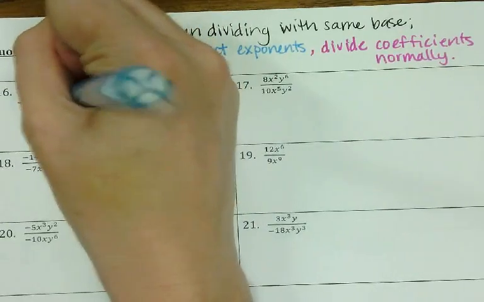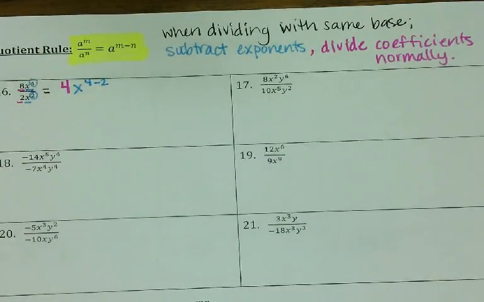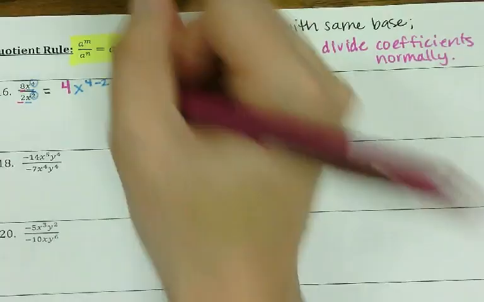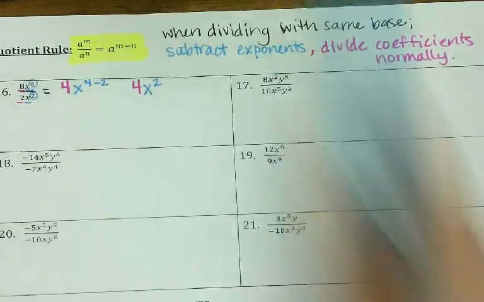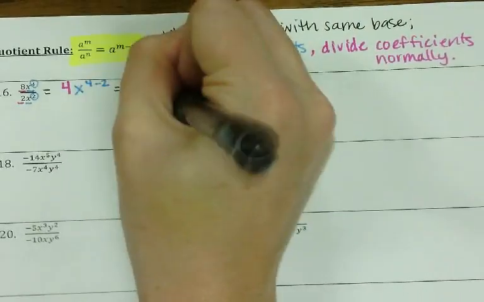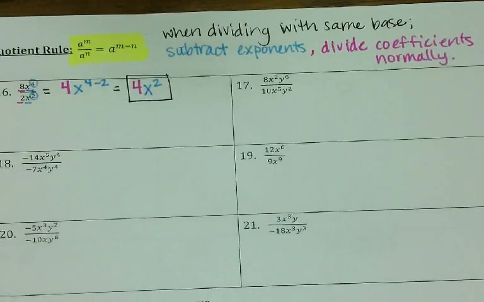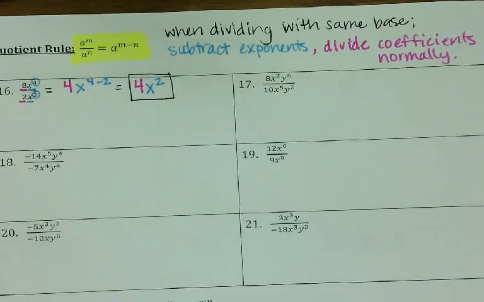So we are going to say x^(4 minus 2). So, guys, what is x to the 4 minus 2? That gives us x squared. So that right there is 4x squared. So all we did was subtract our exponents, and we have that 4x squared. Do y'all feel pretty good about that?